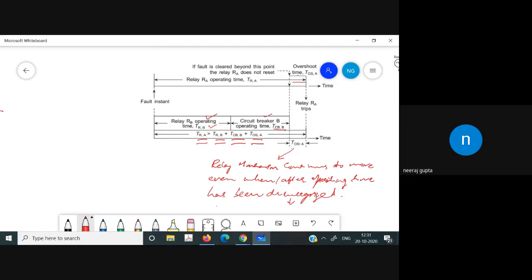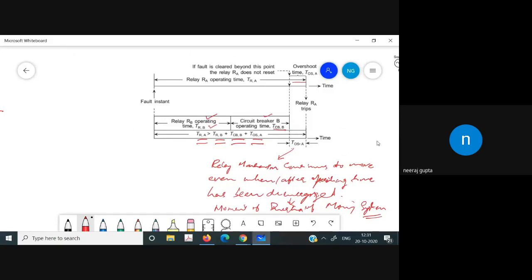So this is due to the moment of inertia of the moving system.